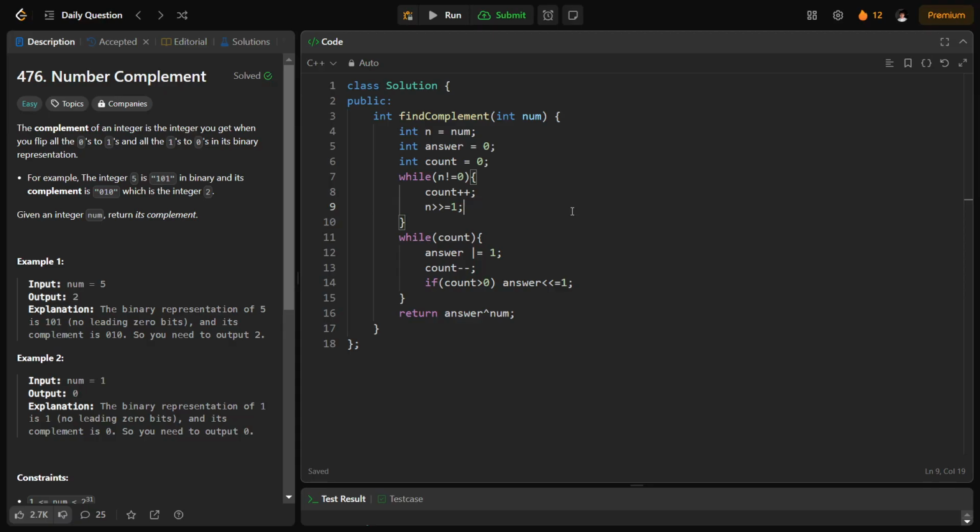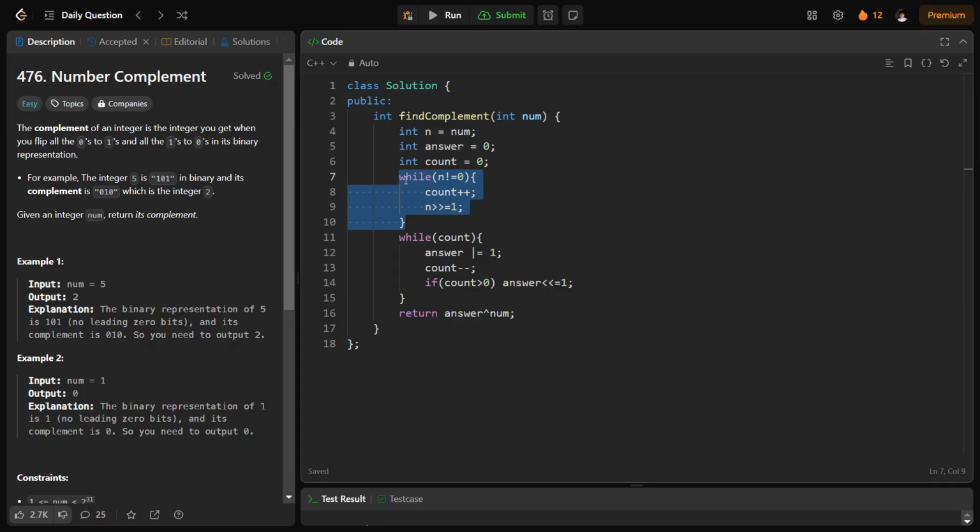If you think about it closely enough, you could say the time complexity and space complexity are constant. Hear me carefully: at max this while loop would go to 32 iterations, which is a constant, because this integer is stored in a 32-bit representation.